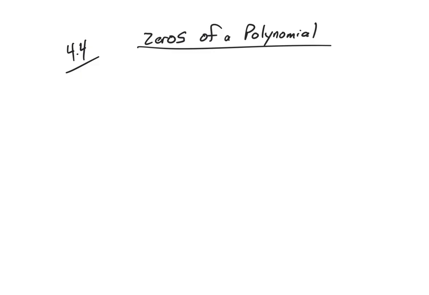All right, so we're going to start off with 2 statements. When we talk about the zeros of a polynomial, there are 2 statements that we need to know.